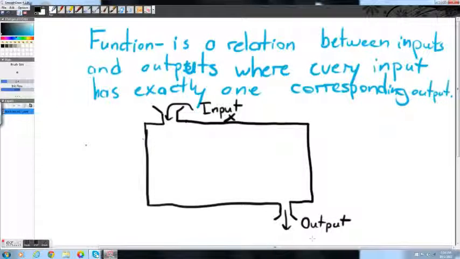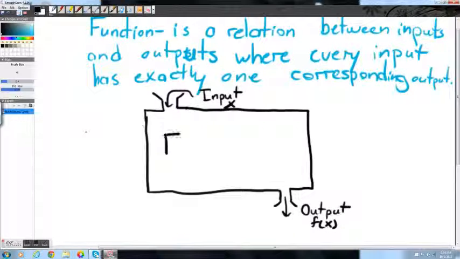It returns that corresponding output f of x, and that input is basically transformed into the output by the function f.